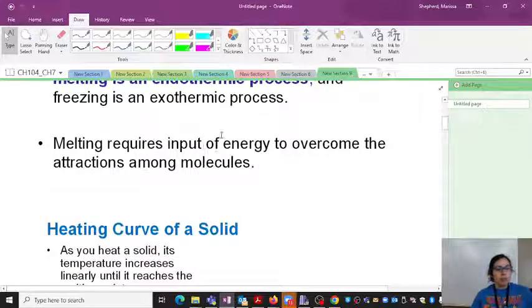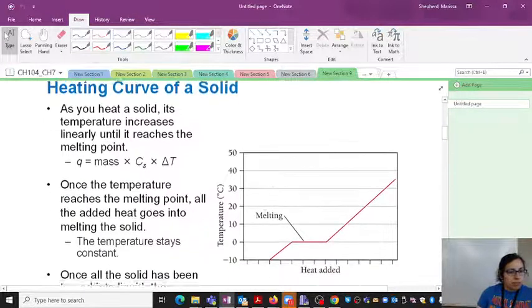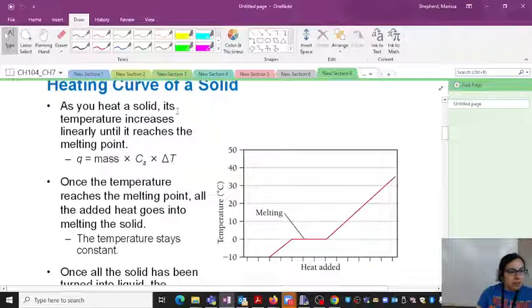And so melting, again, requires input of energy to overcome the attractions between the molecules and break those intermolecular forces. When we heat a solid, its temperature will increase until we get to the melting point.